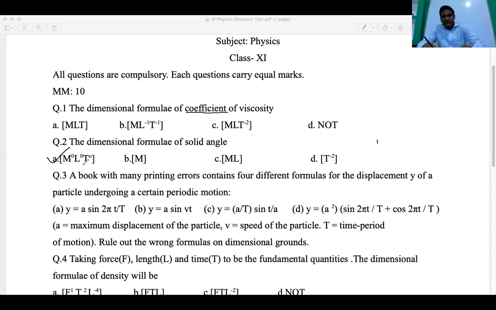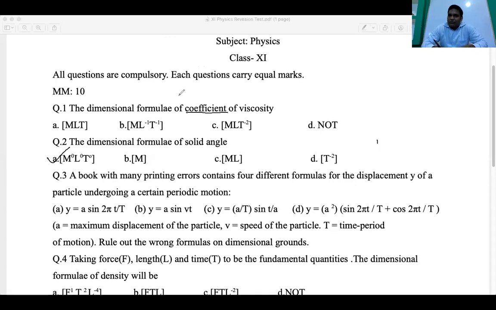Now in question number 3, it is given that a book with many printing errors contains 4 different formulas for displacement y of a particle undergoing certain periodic motion, where a is the maximum displacement of the particle, v is the speed of the particle, and T is the time period.